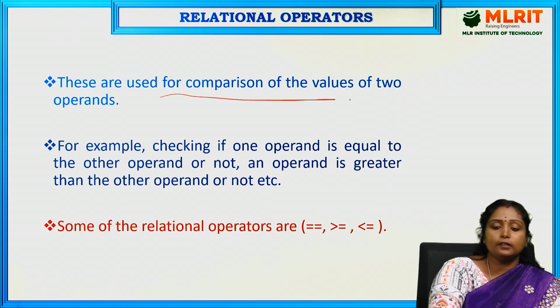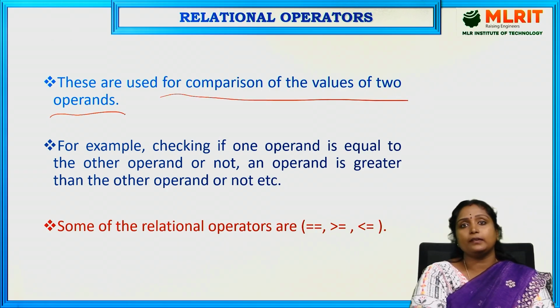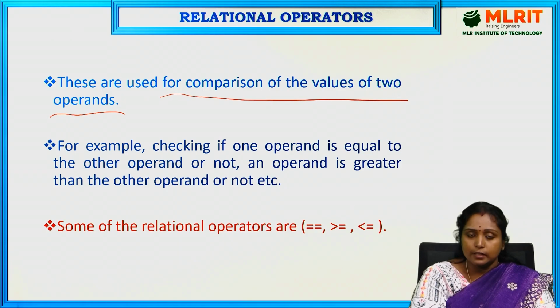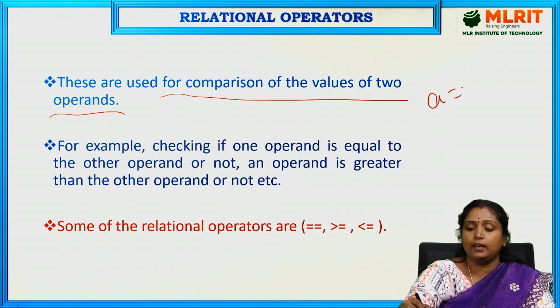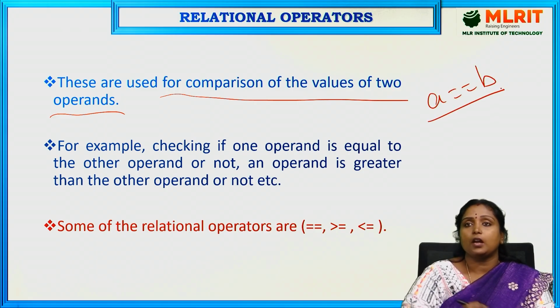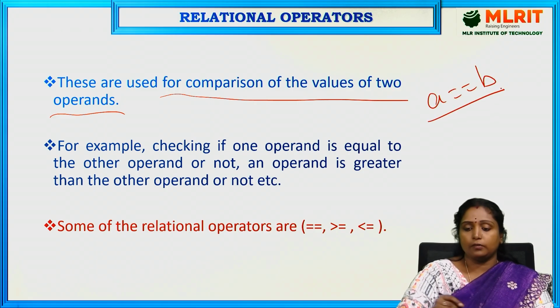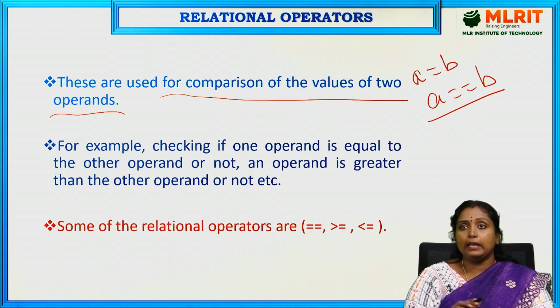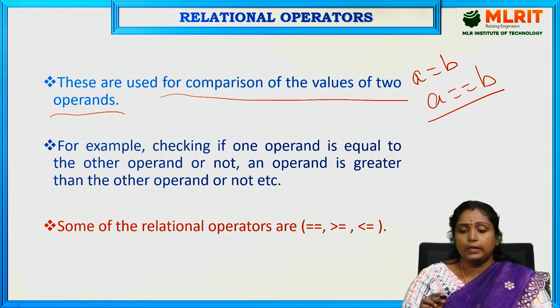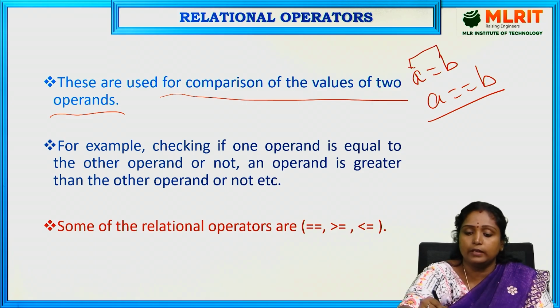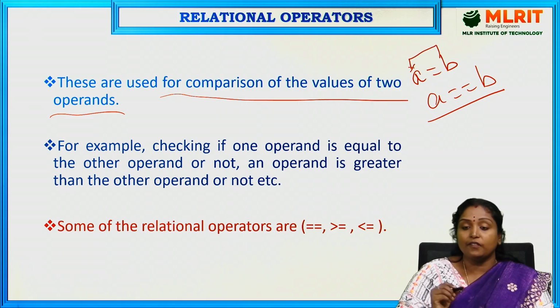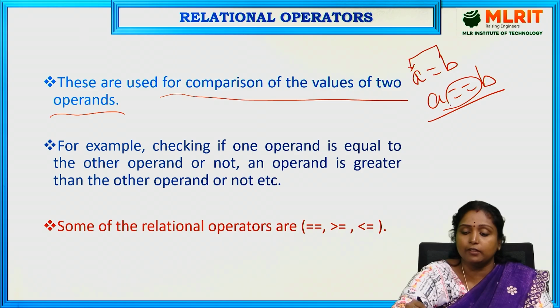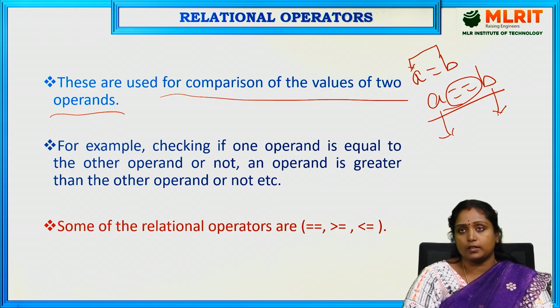For example, if you are checking whether 2 operands are equal, you have to note that if you write a equals b, the b value will be saved in a. Whereas if you write a double equals b, you are comparing whether these 2 operands are equal or not.